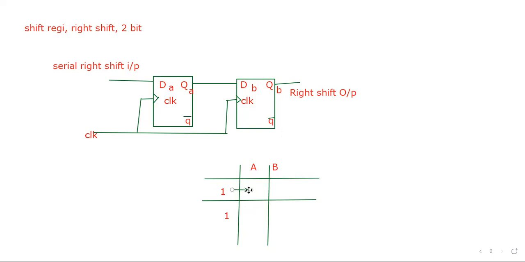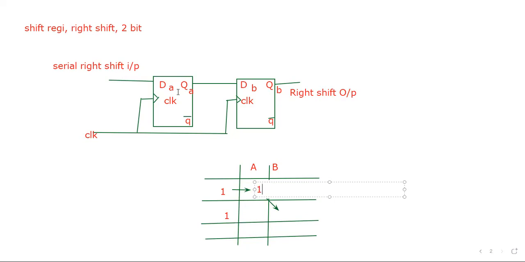Then at the next clock it would enter into B. Because it is serial, we need 4 clocks. At the first clock our first bit would transfer into the A flip-flop.